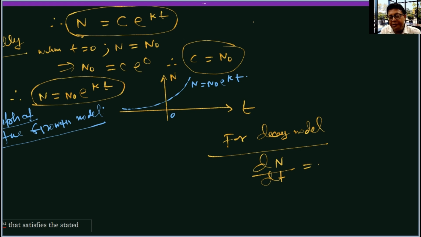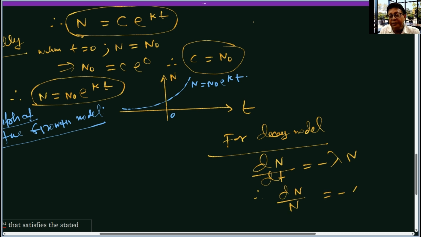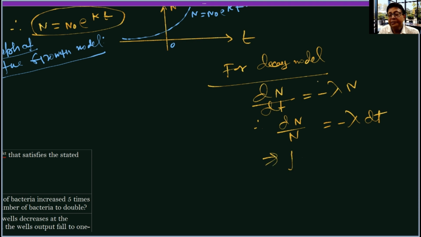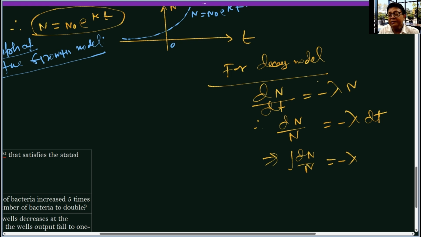So dN/dt will be minus lambda into N. Therefore, dN/N will be minus lambda dt. Okay? So this implies, integrating both sides, integral of dN/N equals minus lambda integral of dt.